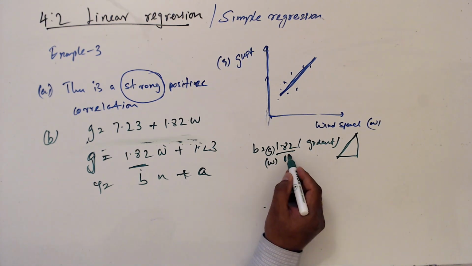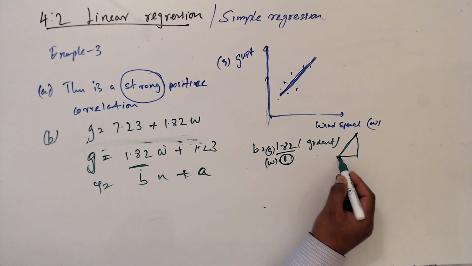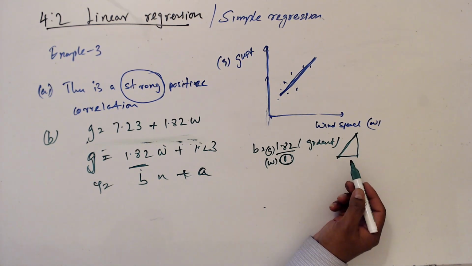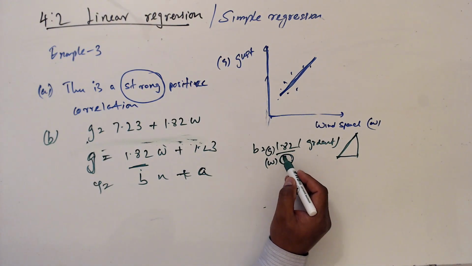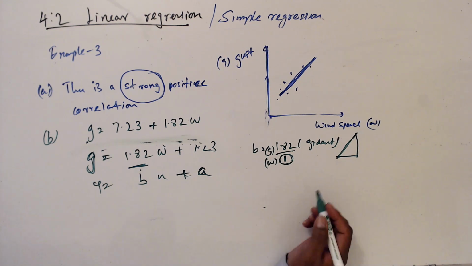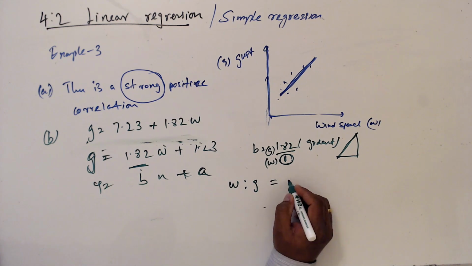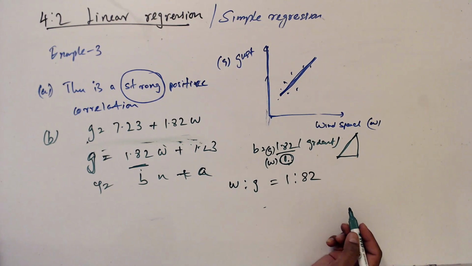One unit of wind speed causes an increase of 1.82 units of gust speed. So in other words, the ratio of W to G is 1 to 1.82.